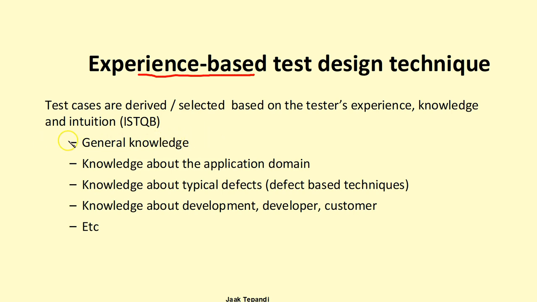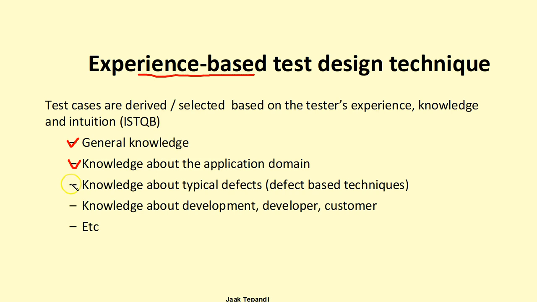We may have some general knowledge about how a software should function. For example, what are typical screens, what is typical behavior of software. We may know something about the application domain, what happens in this application.